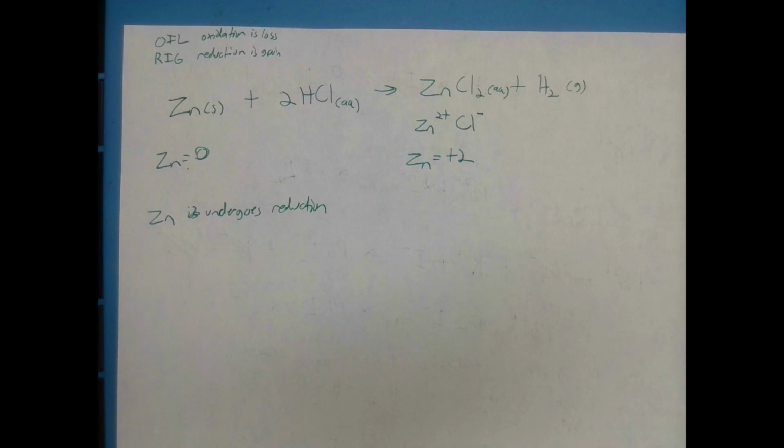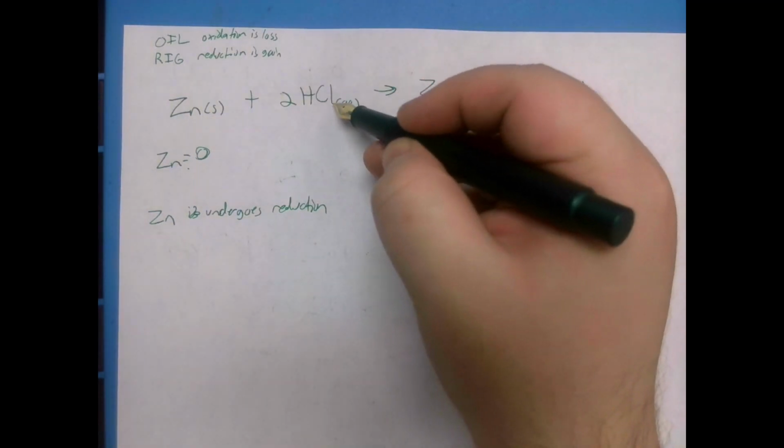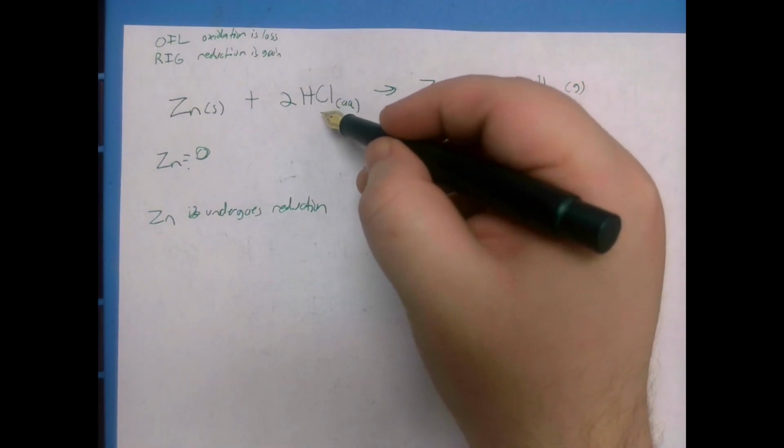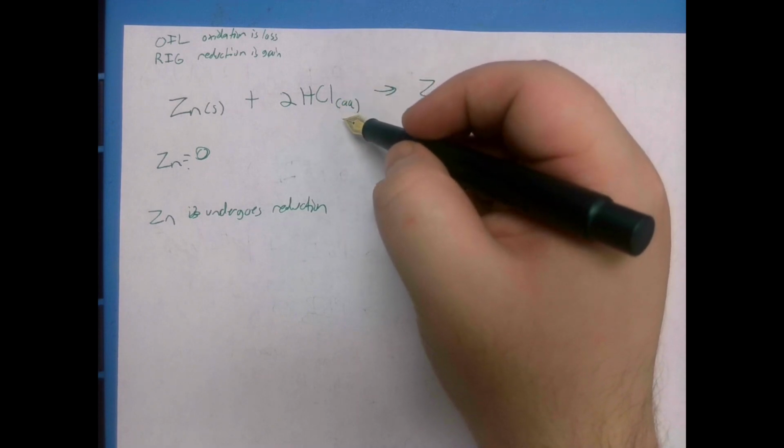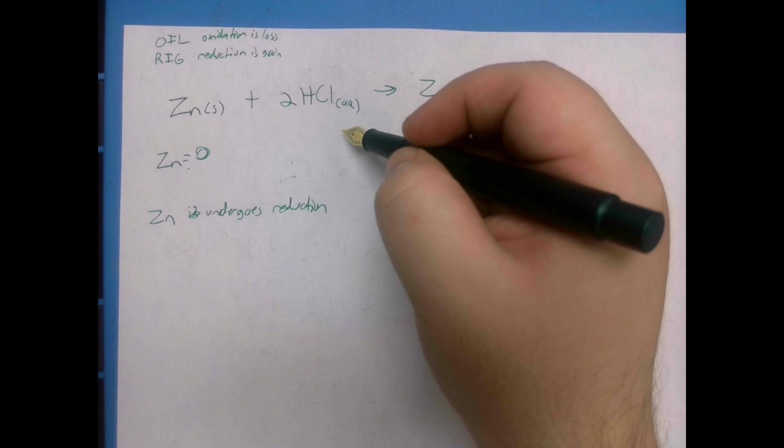So where is there oxidation? If something is being reduced, something else must be oxidized. What is being oxidized? So what is the charge on chlorine over here? -1.